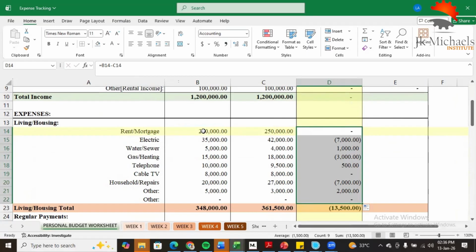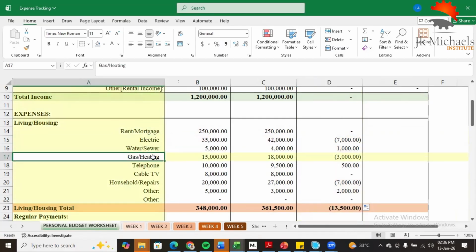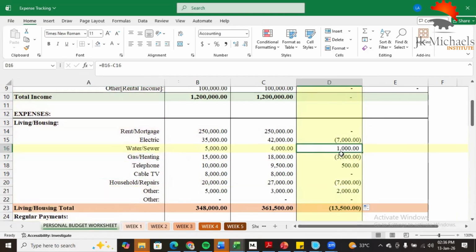But what this means is that we didn't quite meet what we wanted in this area. So if you see a negative value, it means that we spent above the budget. So in electricity, in gas and heating, in household repairs, we spent above the budget, right? But in these areas, we made savings, we spent less than the budget.